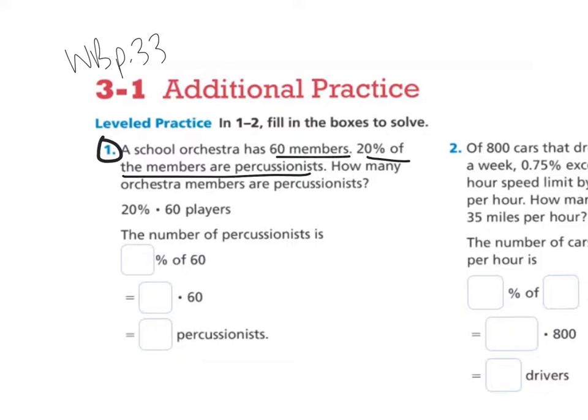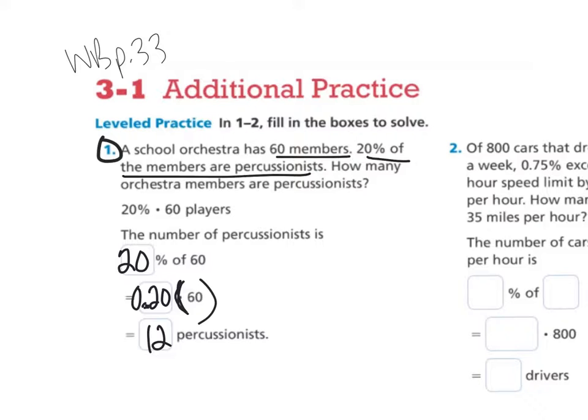What we can do here, the book didn't really show this to you, but we kind of talked about it, is say percussionists, it's 20% of 60. 20%, we'll change that to a decimal, which is 20 hundredths. And we're taking that times 60, if you want to use parentheses rather than a dot so we don't get confused about decimals. If you work that out, that would be 12 percussionists.